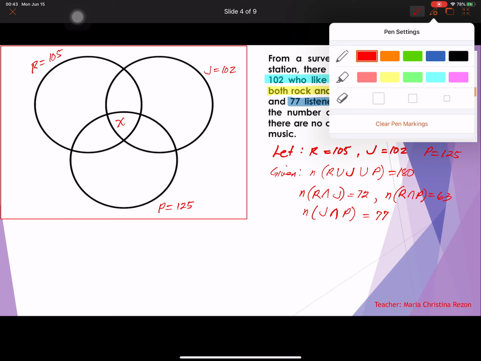Then based on what is given here, we will be able to find x, or the intersection of those listeners who listen to all three music.